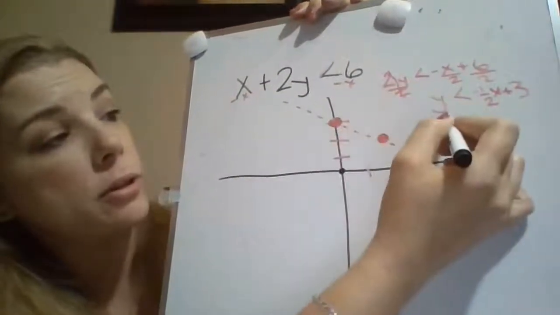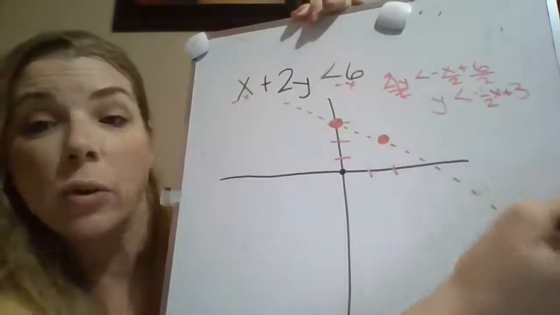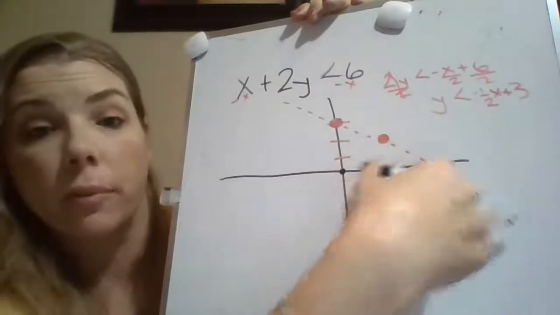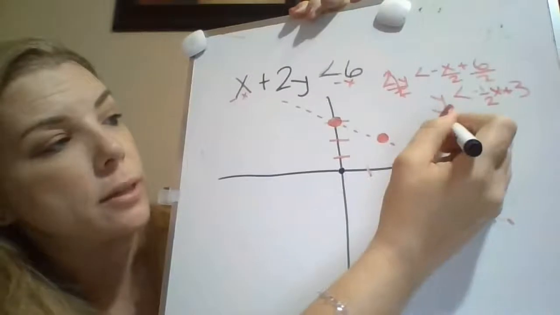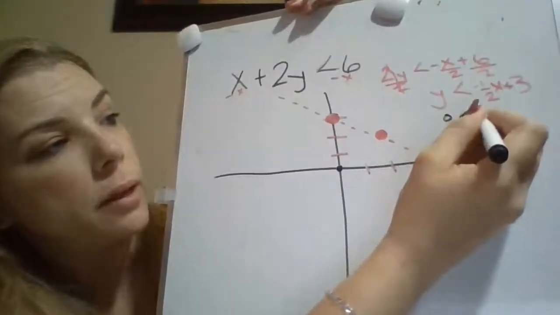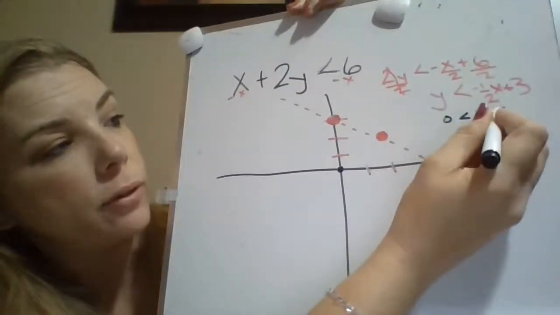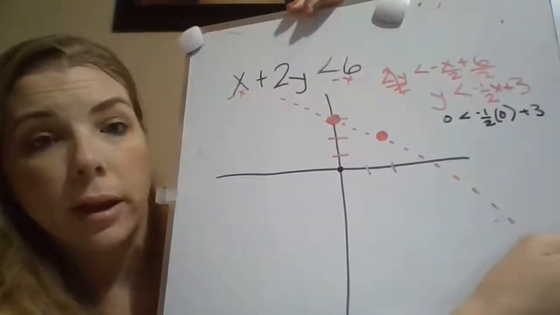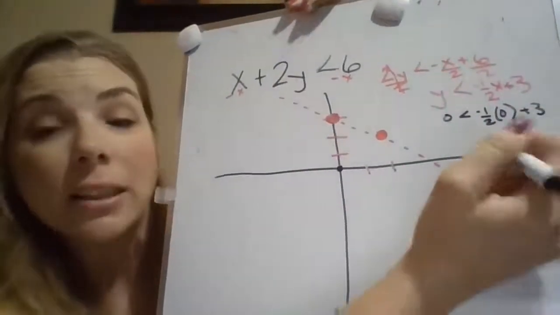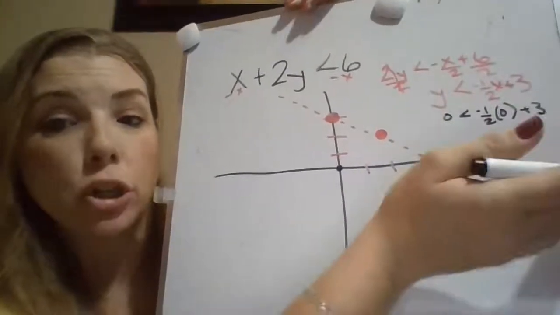Okay, so what I'm going to do is plug in 0 for x and y, because the coordinates for the origin are 0, 0. So we're going to go 0, and then you have -½ times 0 plus 3. You have to ask yourself, is this statement true?